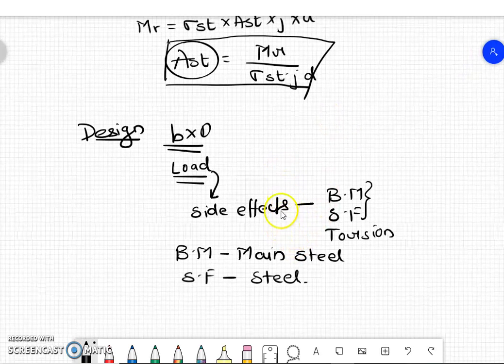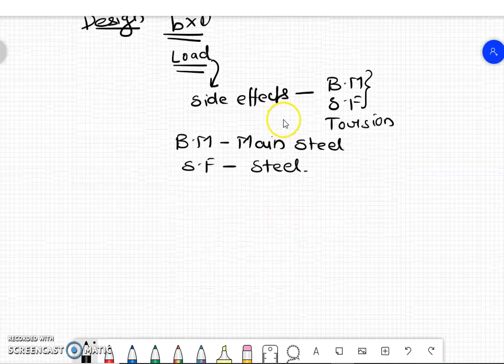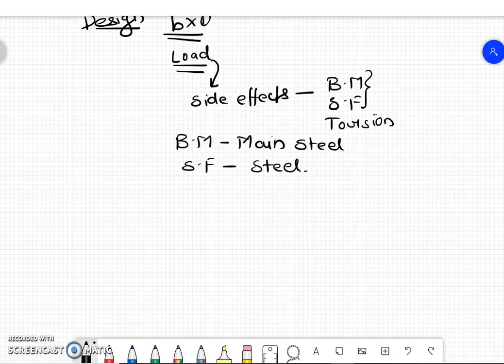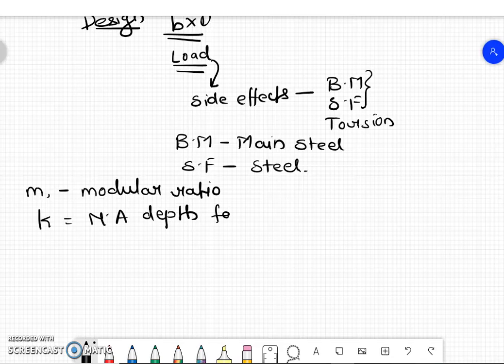So now in this working stress method, we have derived 4 constants. First is M, which is modular ratio. Then we have K, which is the neutral axis depth factor. Then we have J, which is the lever arm factor.